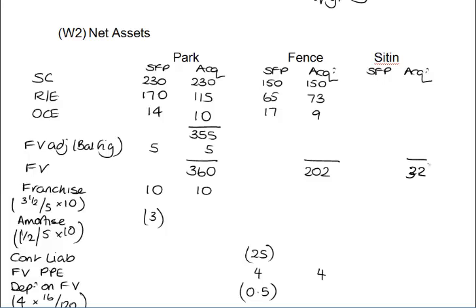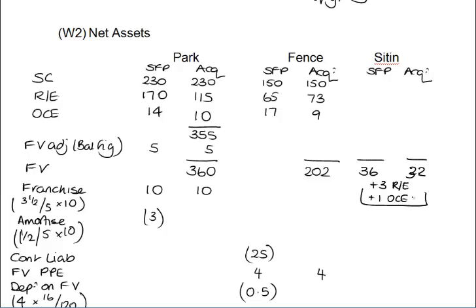On the 30th of November X9, we sold 60% of Sitin when its net assets were 36. And of the increase in net assets, we've got a 3 million increase in retained earnings and a 1 million increase in OCE.